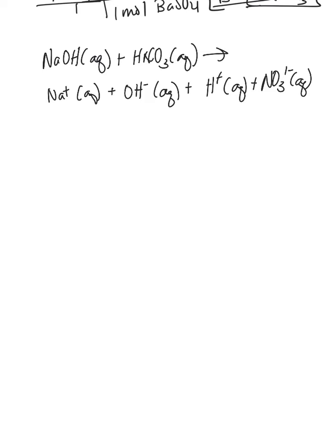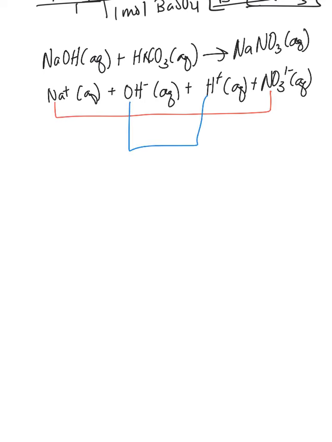And then, just like we did in the precipitation problem, the sodium and the nitrate come together, and since it's a +1 charge, this is aqueous. And then the hydroxide and the acid come together, and this is going to make a liquid, so H2O liquid.